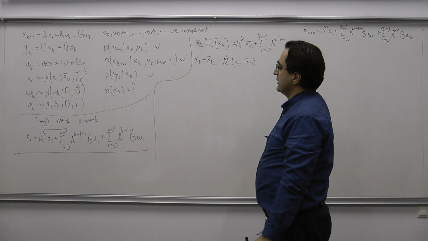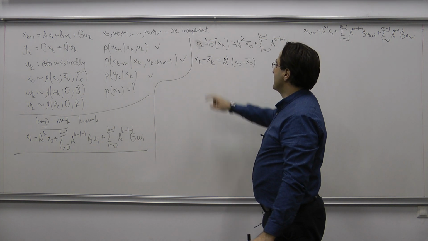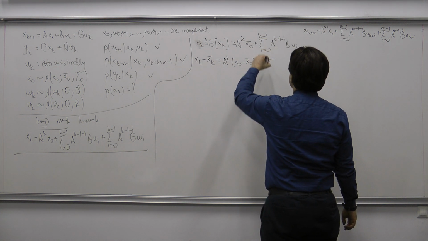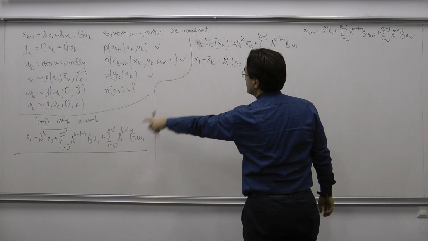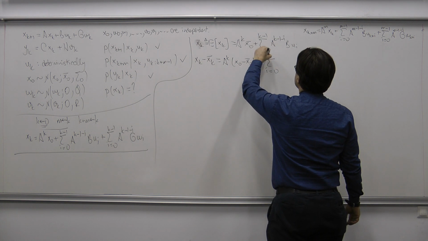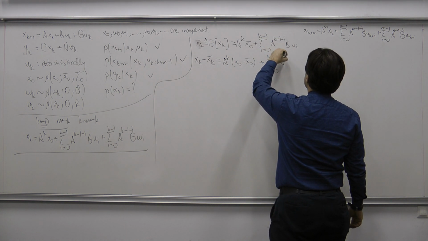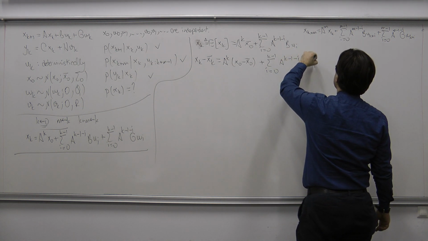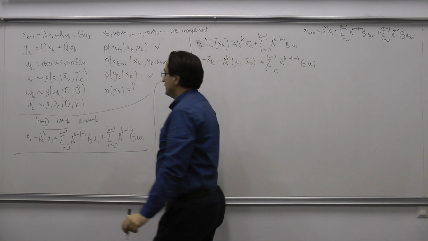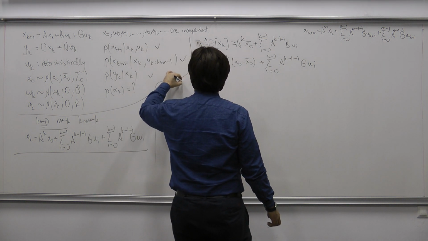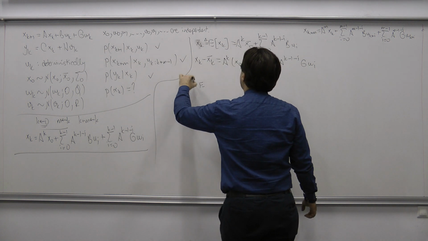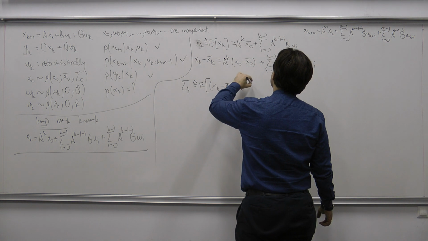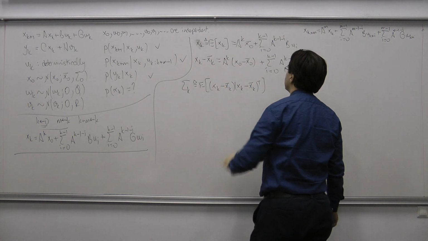So I will not have any input term here in the xk minus xk bar. And finally, I will have the process noise terms. They will come into this error term directly: the sum over i from 0 to k minus 1 of a to the k minus 1 minus i times g wi. So then I have to calculate the covariance of xk, which is by definition the expected value of xk minus xk bar, times xk minus xk bar transpose.